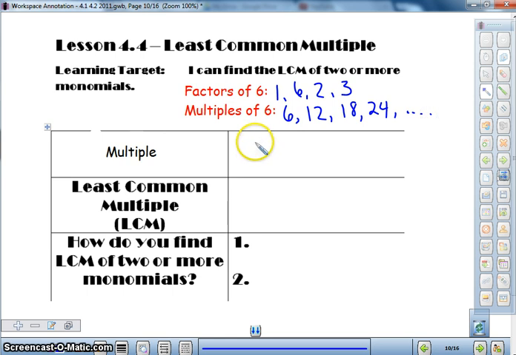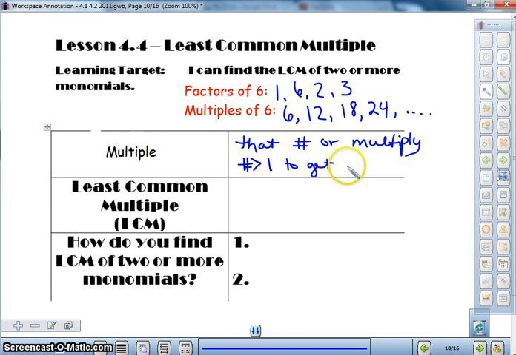Multiples are that number or larger. So when we're thinking of multiples, it is that number or it is going to be larger, or I'm going to multiply by a number greater than 1 to get the next multiple.